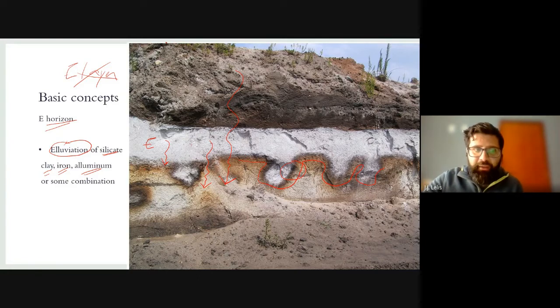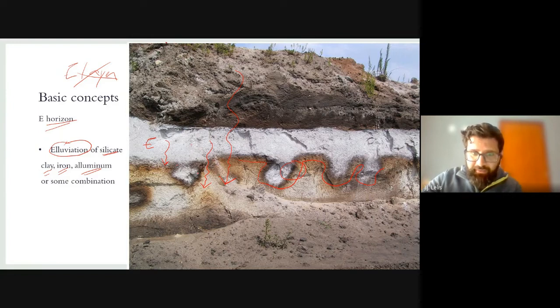This is evidence that this dark horizon was not produced by littering or just decomposition of organic matter, because the sedimentation of organic matter is always horizontal, not in a wave shape. So this dark horizon is not produced by just littering and decomposition of organic matter and melanization of a mineral phase.